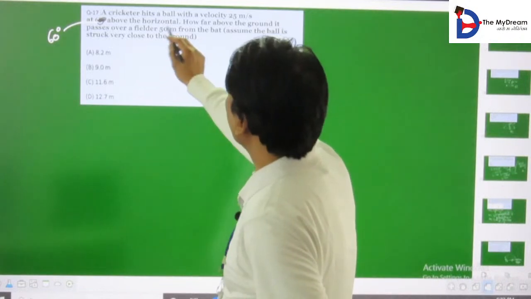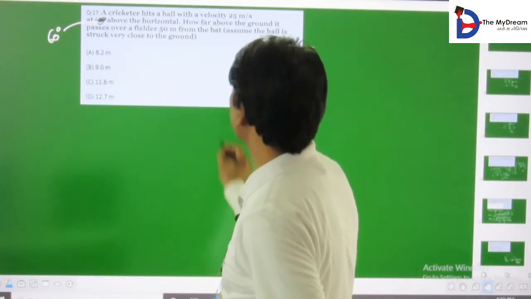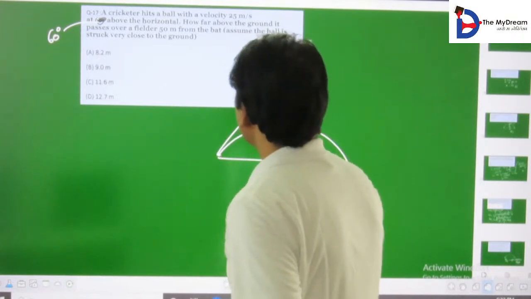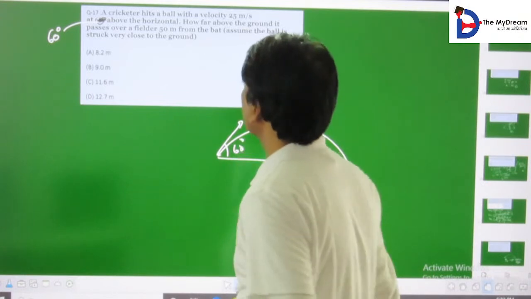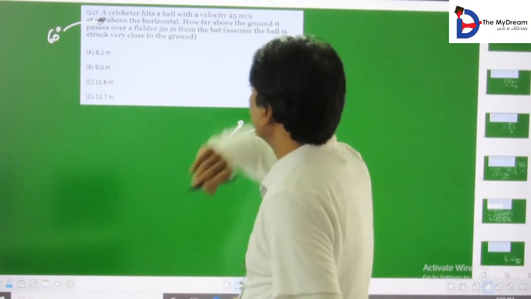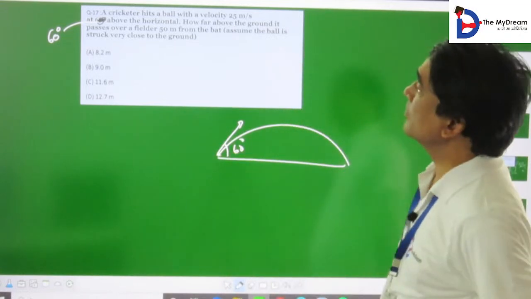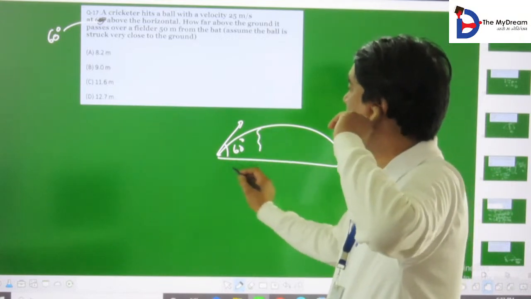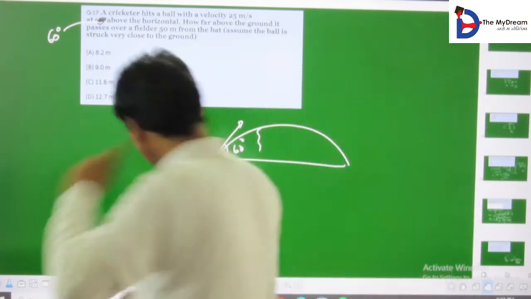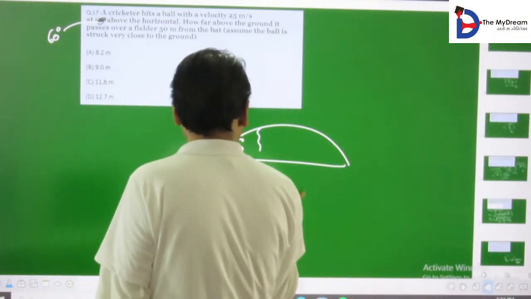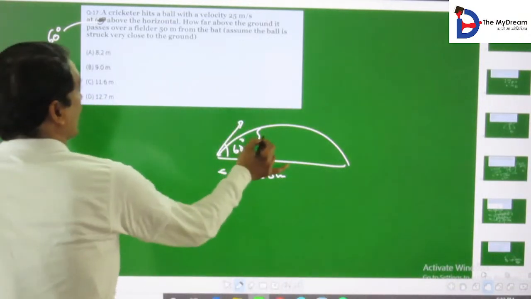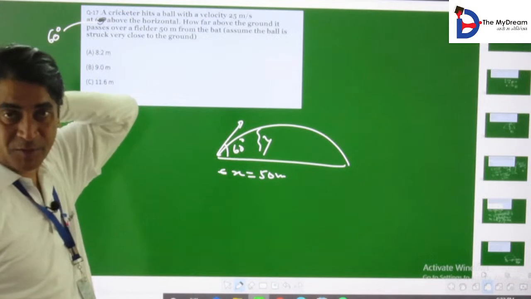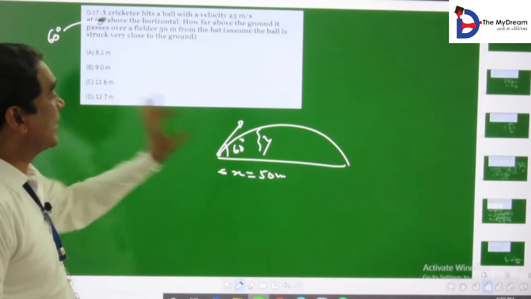A cricketer hits a ball with a velocity of 25 meter per second at an angle of 60 degree.